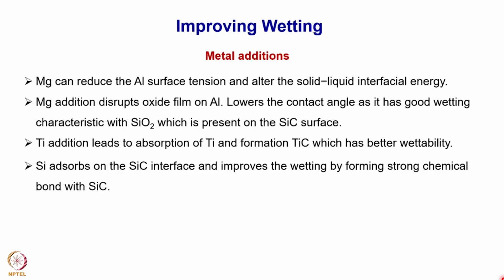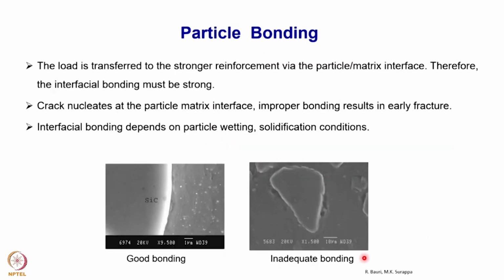So these are some of the ways of improving the bonding between the ceramic reinforcement and metallic matrix, and our objective should always be to have a good bonding between the reinforcement and the matrix so that you can derive all the advantages of the composite materials and have properties which are better than both the constituents.